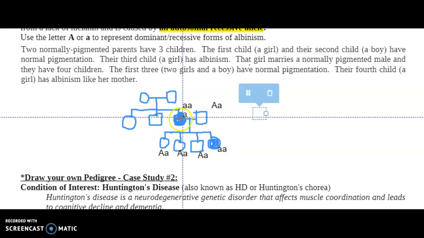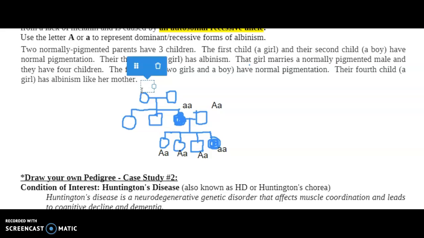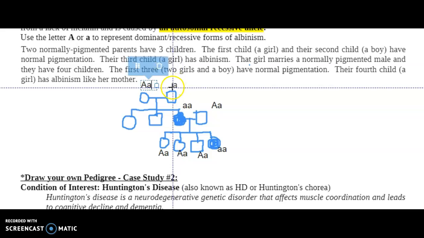And we know both of these parents have a dominant allele, so they all have a big A. But we also know that this child of theirs got a little a from Mom and a little a from Dad because she has 2 little a's. So that means both parents had to be heterozygous carriers of the trait. So they would have to be big A, little a.